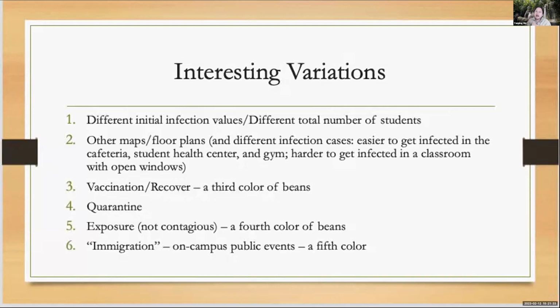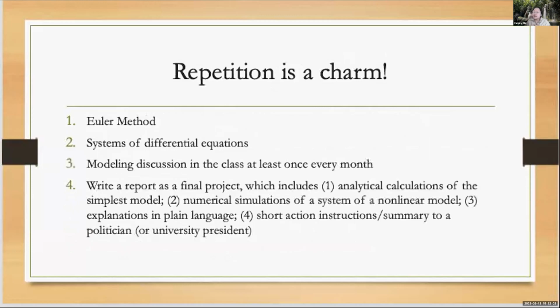And what about adding an exposure part into the simulation, where they are not contagious, but the student has developed symptoms already? We have a lot of colors of beans, so it's nice to include these extra modifications. And how about on-campus public events, which bring in immigration and bring an extra infected population during the process?